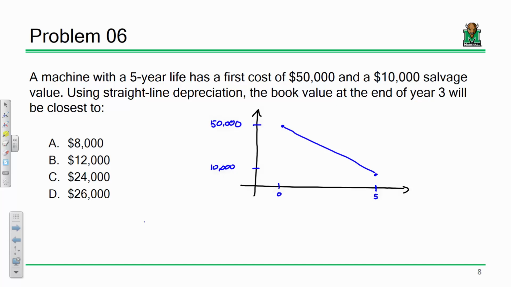Straight line depreciation. I'm asking you, what is its value in year 3? You can use the formula or you can use the graph, whatever you want. That's straight line depreciation.